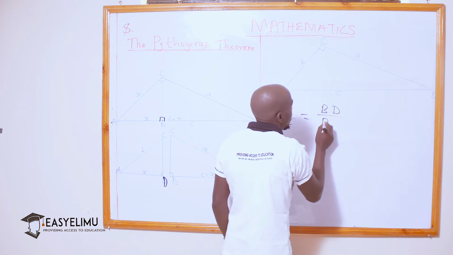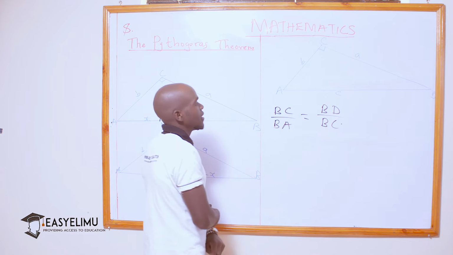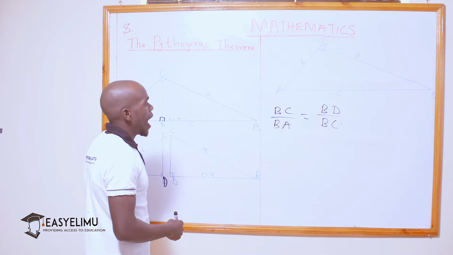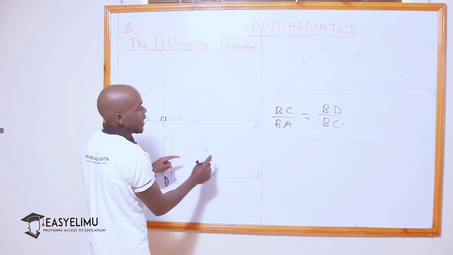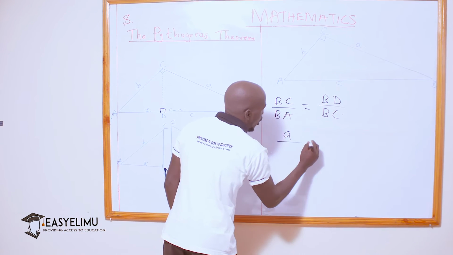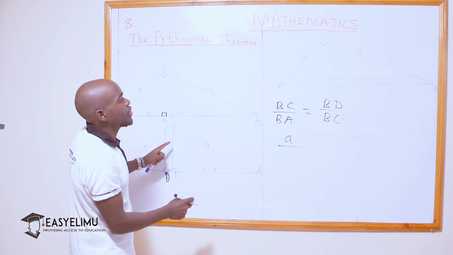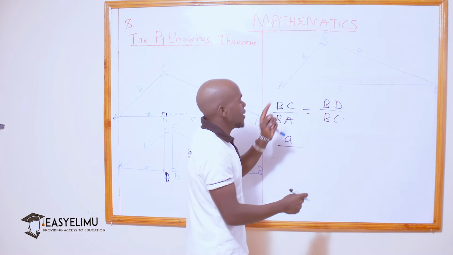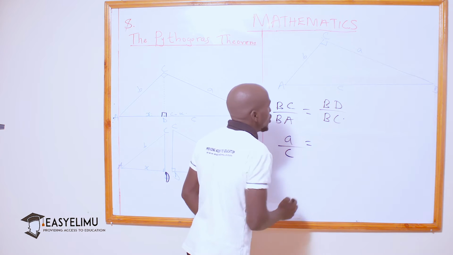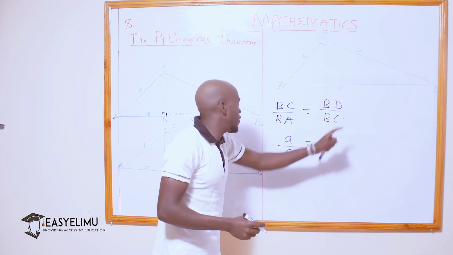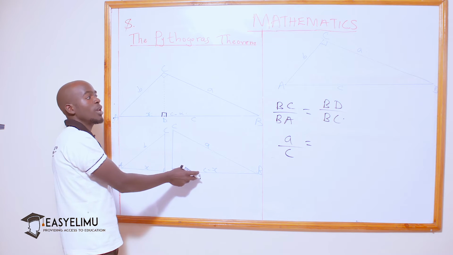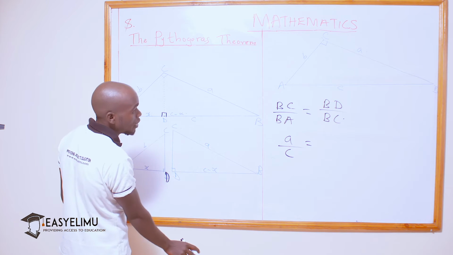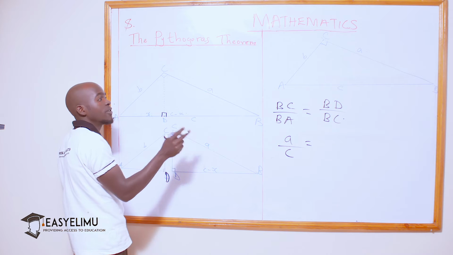According to that, BC of this triangle is A over BA of the larger triangle, which is C, equal to BD of the triangle BCD over BC of the larger triangle ABC.